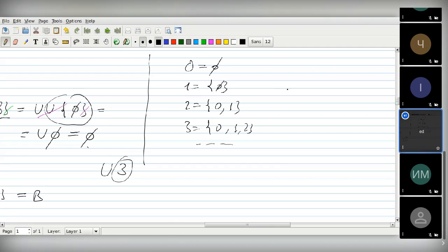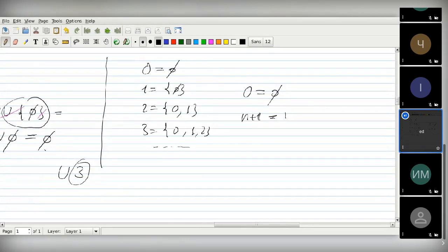That is, 0 is the empty set, and the number n plus 1 is just n union the singleton of n. So every natural number is the set of all previous numbers.